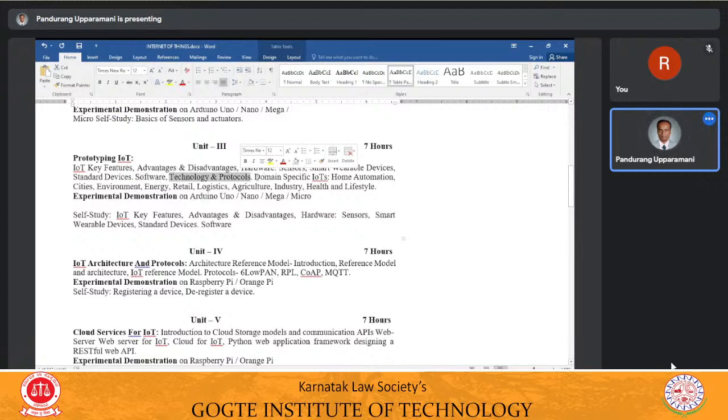Then we move to the domain specific IoTs, where the areas are home automation, smart cities, environment, energy, retail marketing, logistics, agricultural and industry, along with health and lifestyle. Okay, again we are having some experimental demonstration on the Arduino Uno.